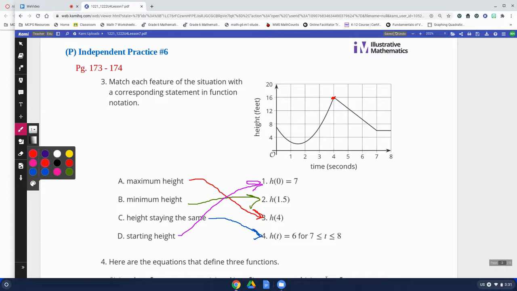The minimum height was right here, when H was 1.5.